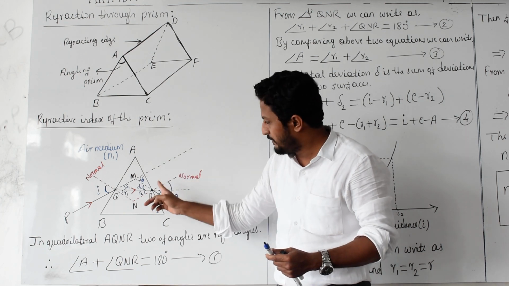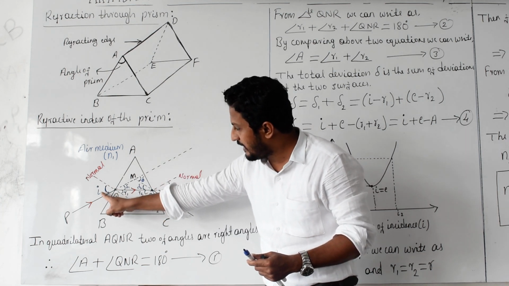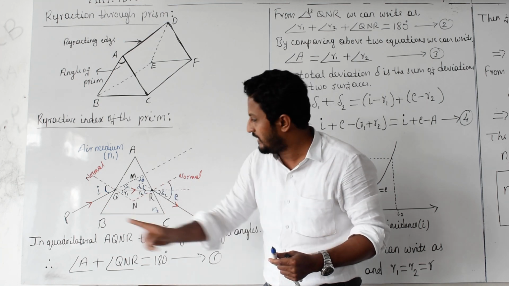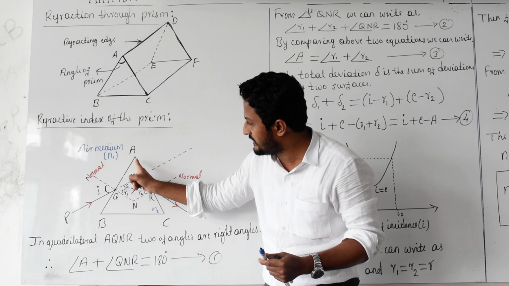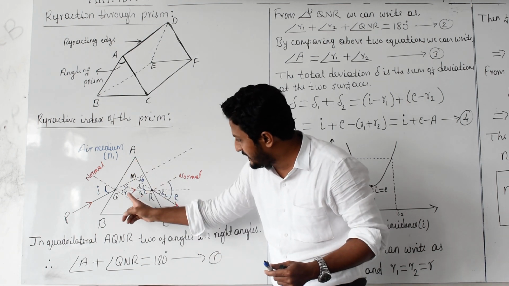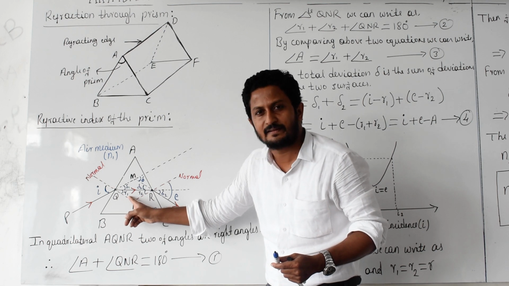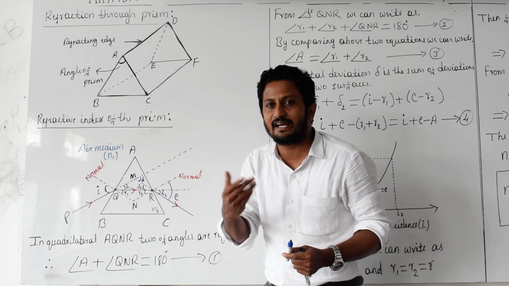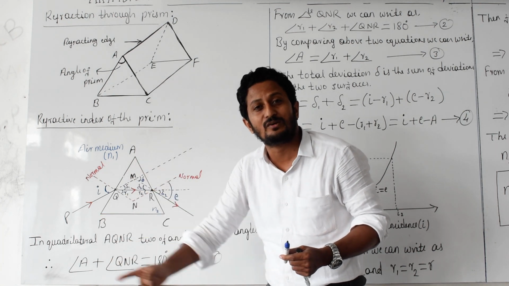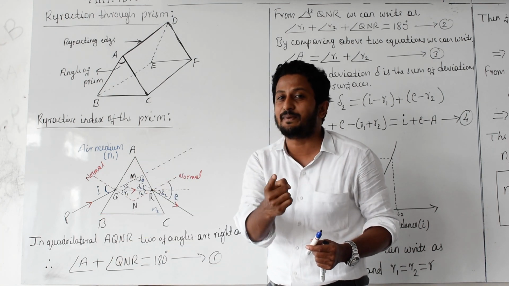Before that, here I is the angle of incidence at the first surface AB. Then here R1 is the angle of refraction with respect to the first surface AB.